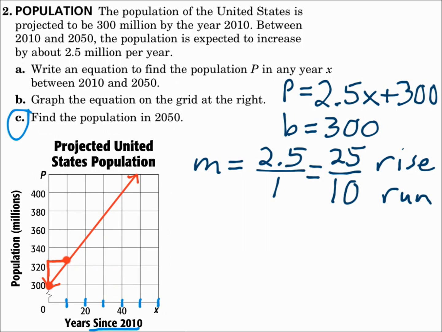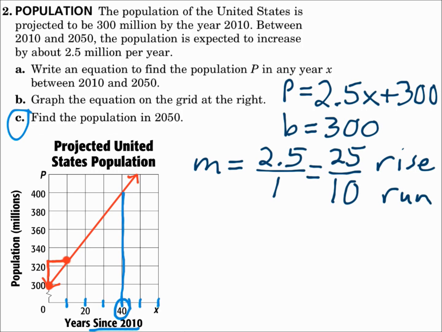C. Find the population in 2050. Well, since the x-axis is years since 2010, then 2050 would be 40 years since 2010. So we'll look at where we have 40 years. Where does it hit the line?